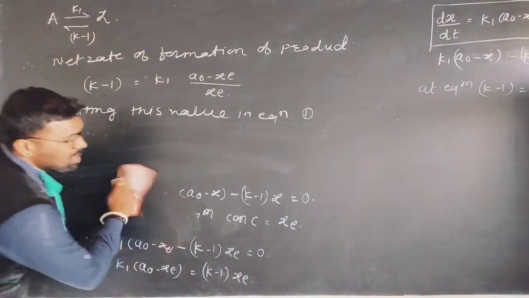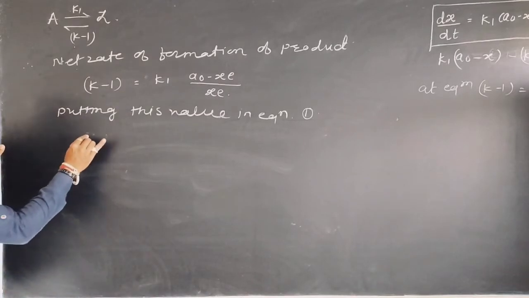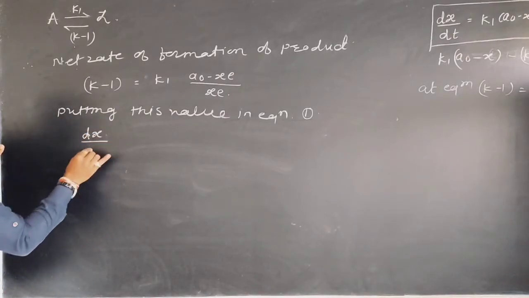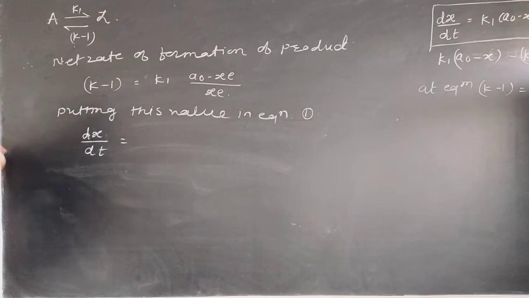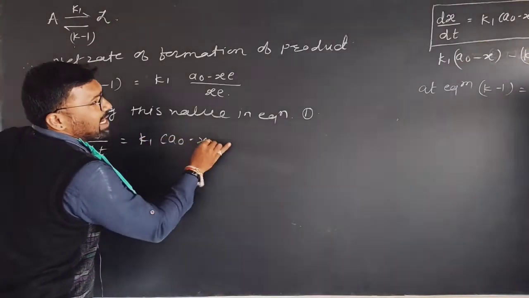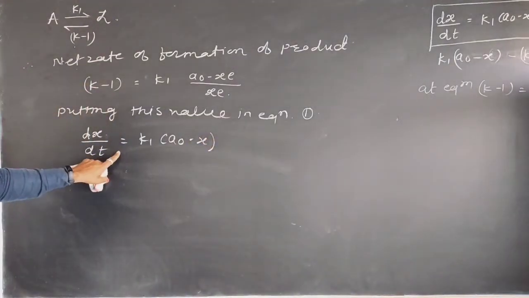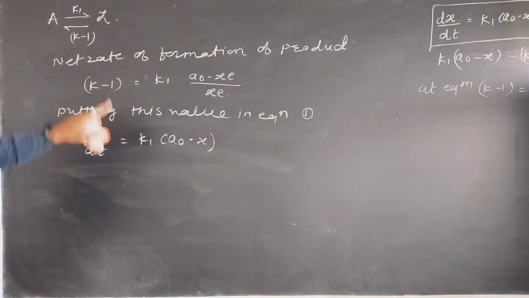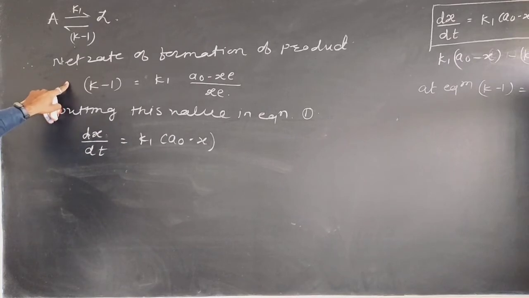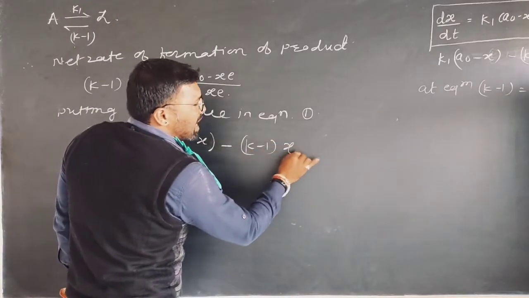So I write equation number 1 as dx/dt equal to k1 into (a0 minus x), not xe, because it is not at equilibrium. We apply the condition of equilibrium to find the value of k-1 only, minus k-1 into x.